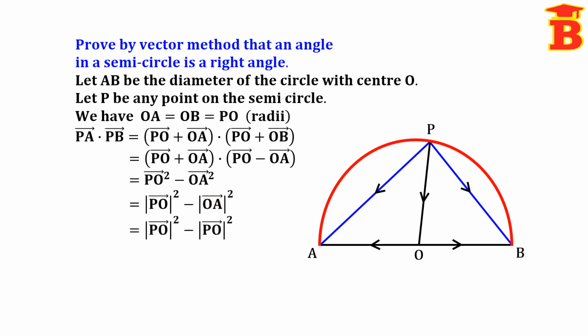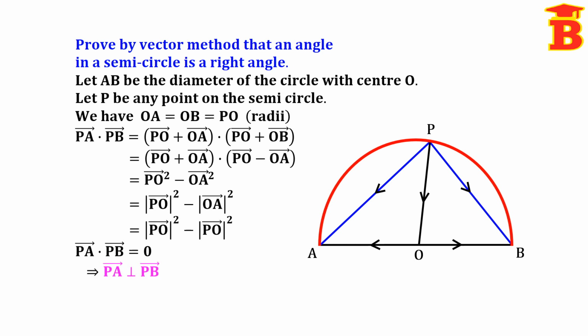So next step, modulus PO vector square minus modulus PO vector square. Now same vector squares, subtracting this we get 0. Therefore PA vector dot PB vector equal to 0. If dot product is 0, then the vectors are perpendicular.